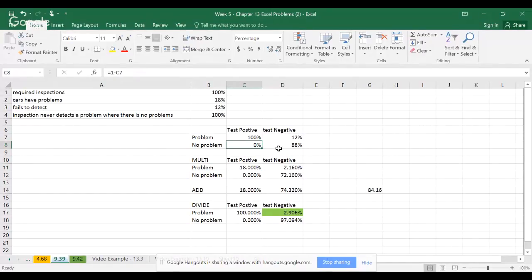That's what we did. So wait, test positive, and there's actually a problem 100% of the time. Okay. 12% of the time. Problems up here with these 4. Okay.